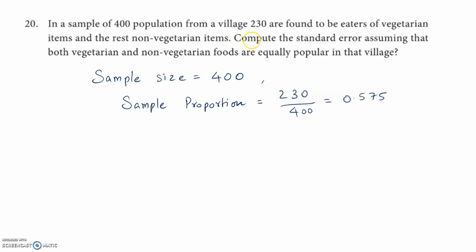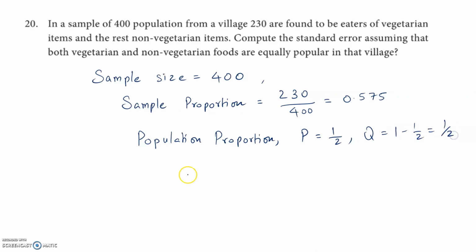Okay. Compute the standard error assuming that both vegetarian and non-vegetarian foods are equally popular in the village. So this statement tells us that the population proportion is equal, it means 1 by 2. Population proportion P is equal to 1 by 2. Therefore, our Q will also be equal to 1 minus 1 by 2, which is 1 by 2.